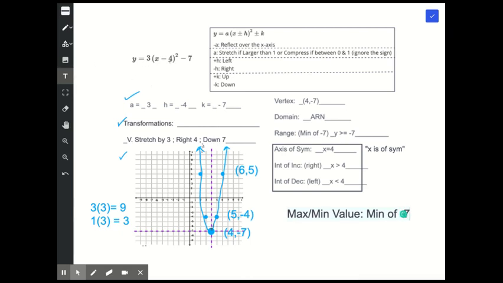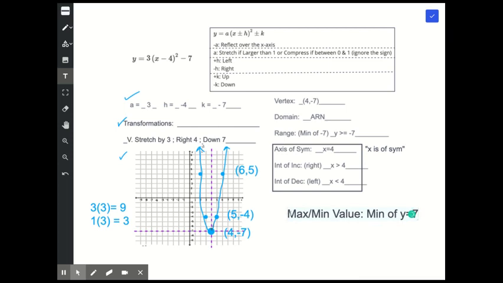Y is equal to blank. That's like your function. So when it asks you for the value of the function, we're asking a y question. So you could say y min of y equals -7 if you'd like. We could just say y min of -7. But you do need to know that it is a minimum. It's clearly a minimum because my vertex is a low point. It's not like a mountaintop. It's like way, way, way down in the valley.